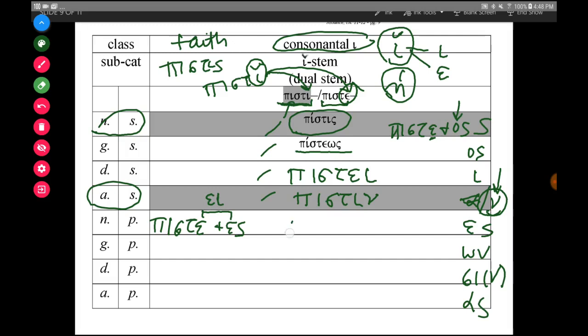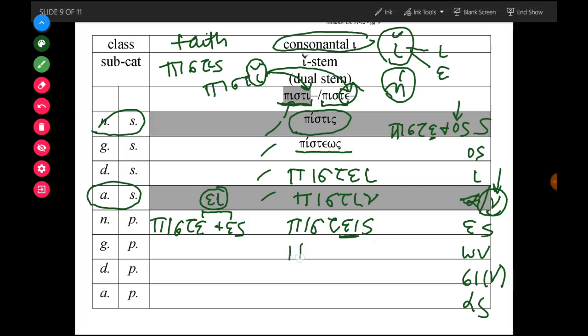So the actual form for the nominative plural is pisteis, with a diphthong epsilon iota. The two short vowels combine to give you this diphthong. The genitive form takes the stem piste, and then you add on to it for pisteon.